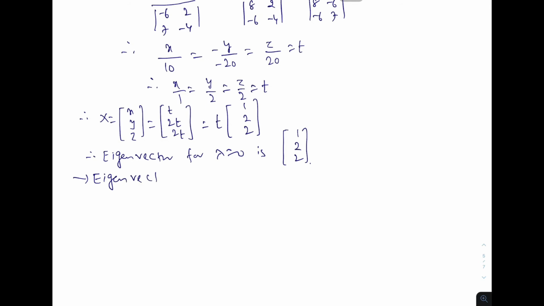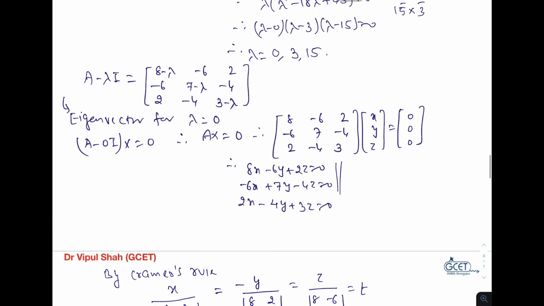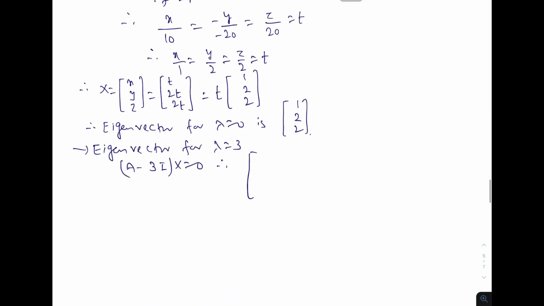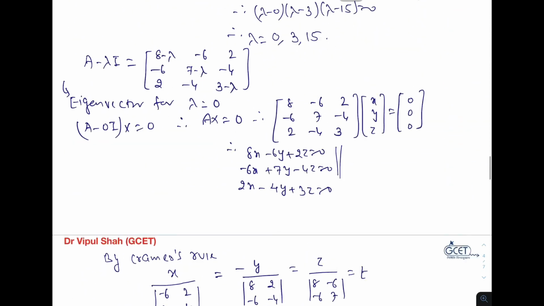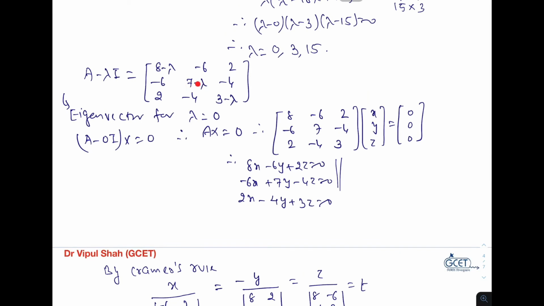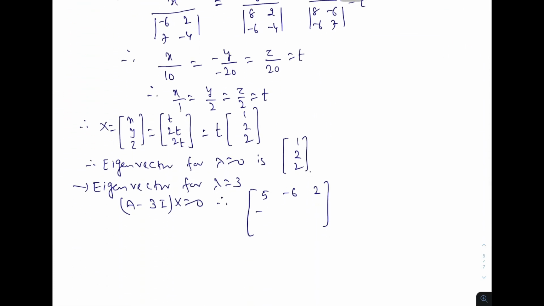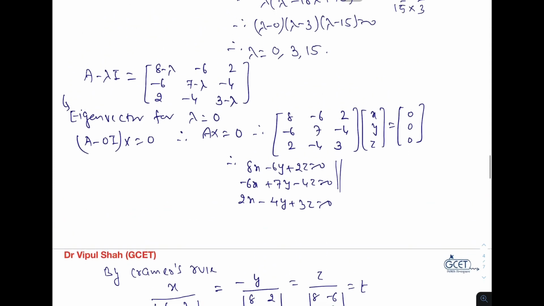So the eigenvector for lambda equal to 3: (A minus 3I)x equal to 0, and therefore the matrix is 8 minus 3, so that is 5, minus 6, 2; then minus 6, 7 minus 3, so that is 4, and minus 4; then 2, minus 4, and 3 minus 3, so that is 0.